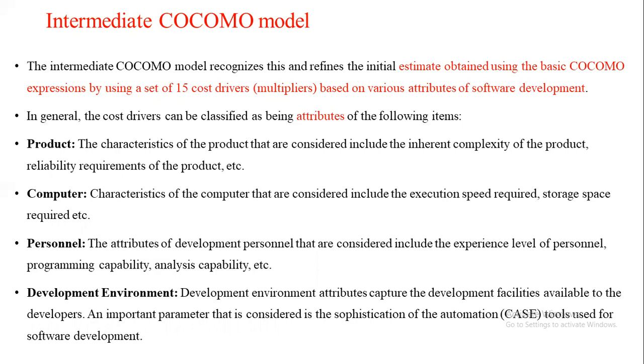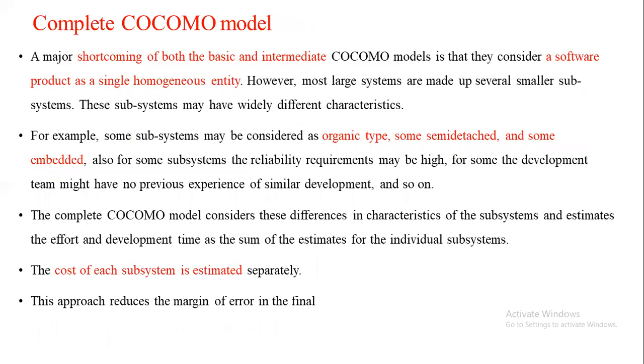These are some of the other drivers which may affect the software development estimation. All these are considered along with the calculations done in basic COCOMO to get a more accurate estimation. Then the last stage is complete COCOMO.